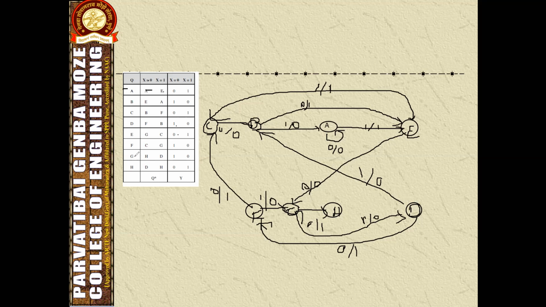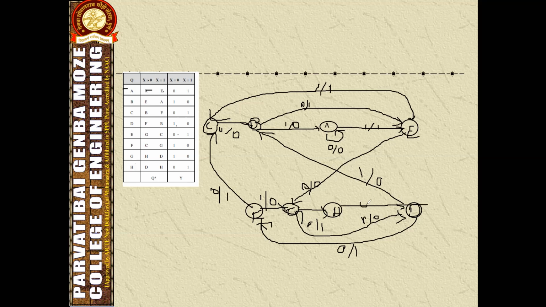Similarly, H to D. See here. H to D. When x equal to 0, what are we getting? 0, 0.